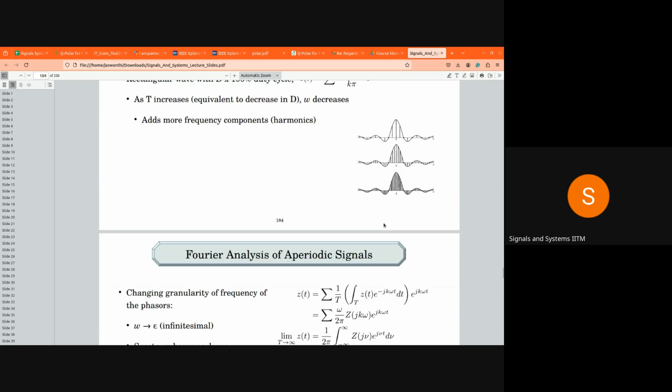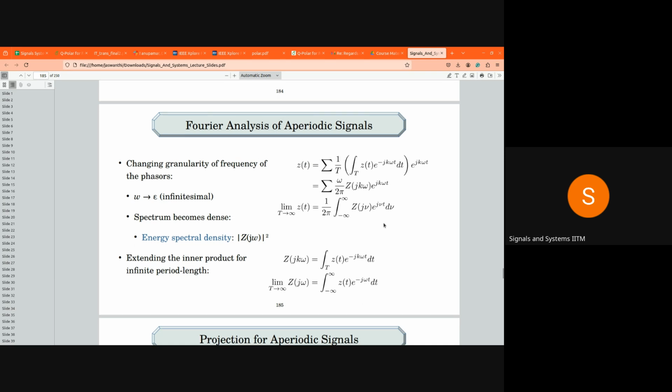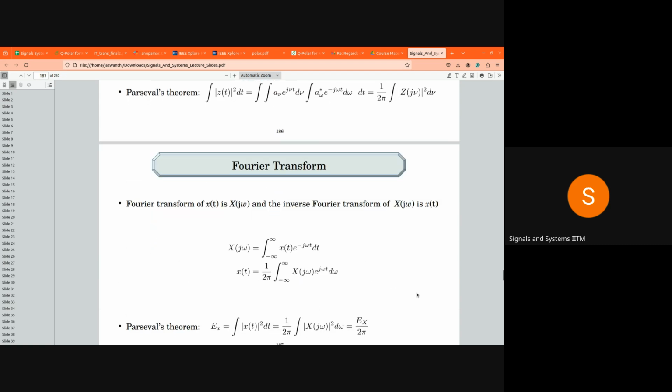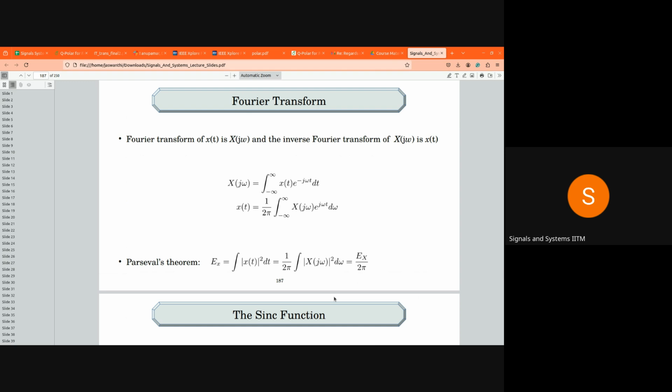So this is just an introduction to what exactly we mean by the Fourier transform. We have the Fourier series representation for periodic signals. A similar kind of Fourier analysis can be done for aperiodic signals, and one such analysis is the Fourier transform, which makes our life simpler in the frequency domain instead of working in the time domain.